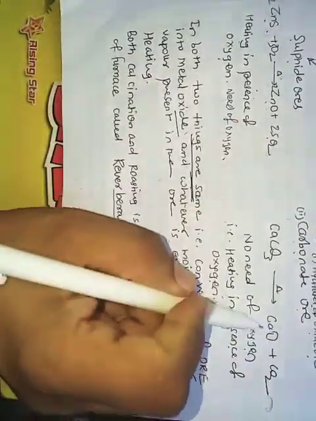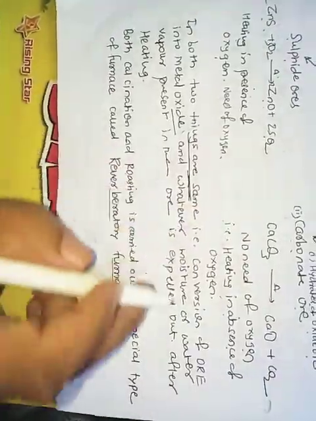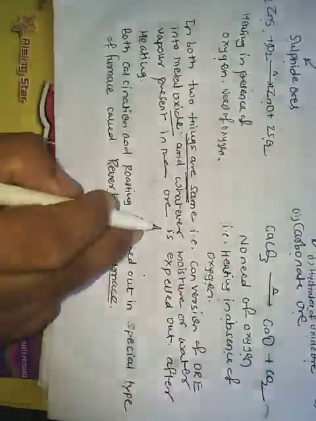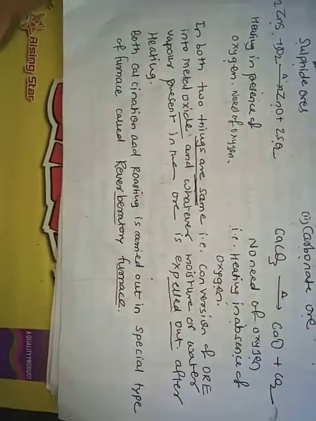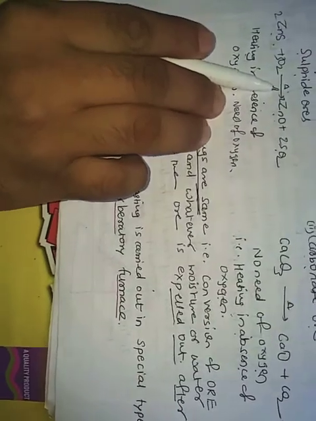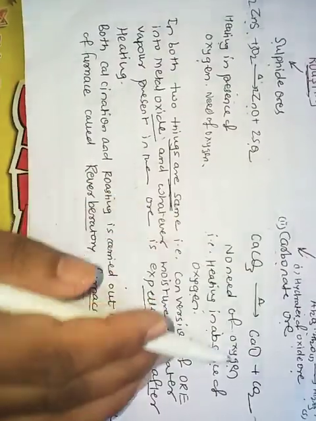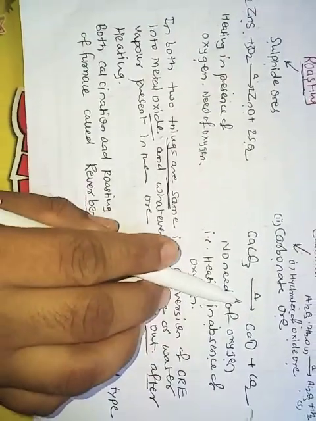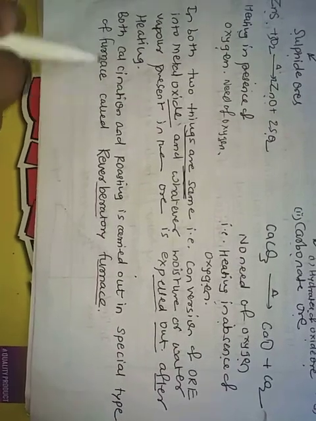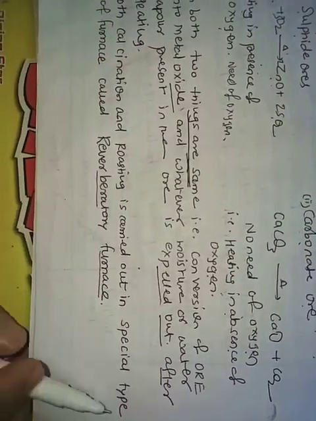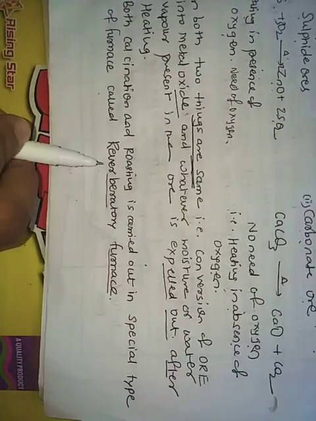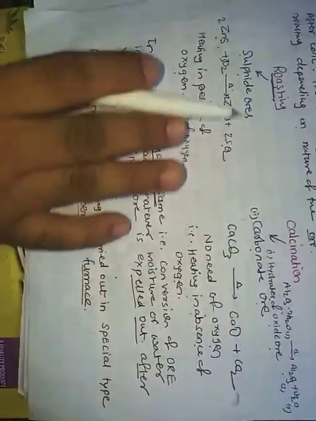The second is that moisture or water vapor present in the ore is expelled out after heating, in both methods. Both calcination and roasting are carried out in a special type of furnace called a reverberatory furnace. Very important is the conversion of ore into metal oxide.